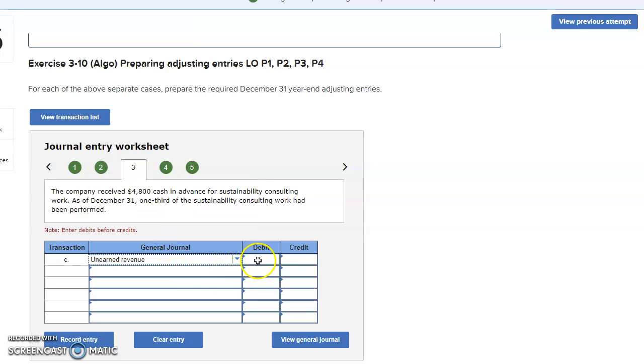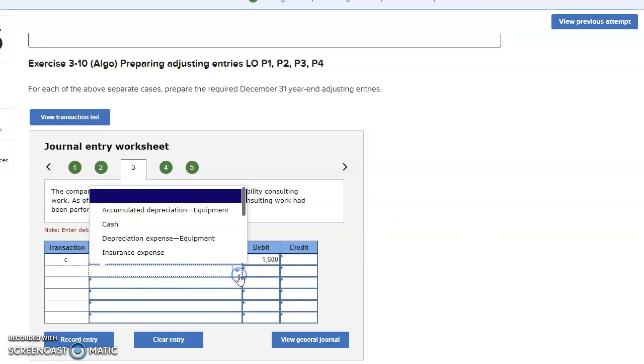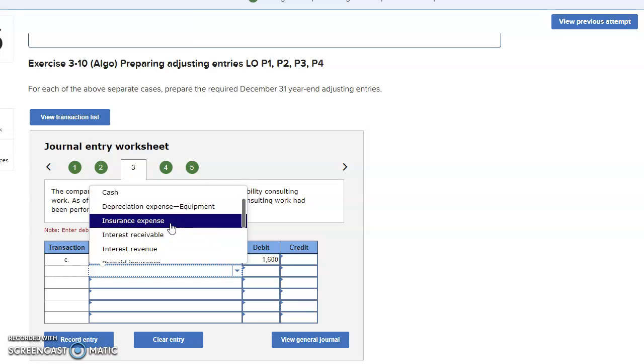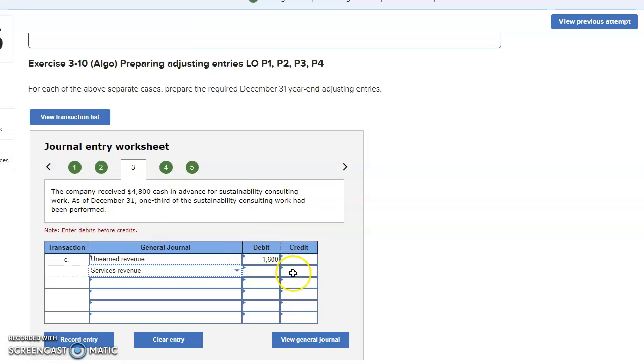They hide from me sometimes. So the unearned revenue is $1,600, and then we make the other adjustment for the service revenue. That service revenue we credit for $1,600.